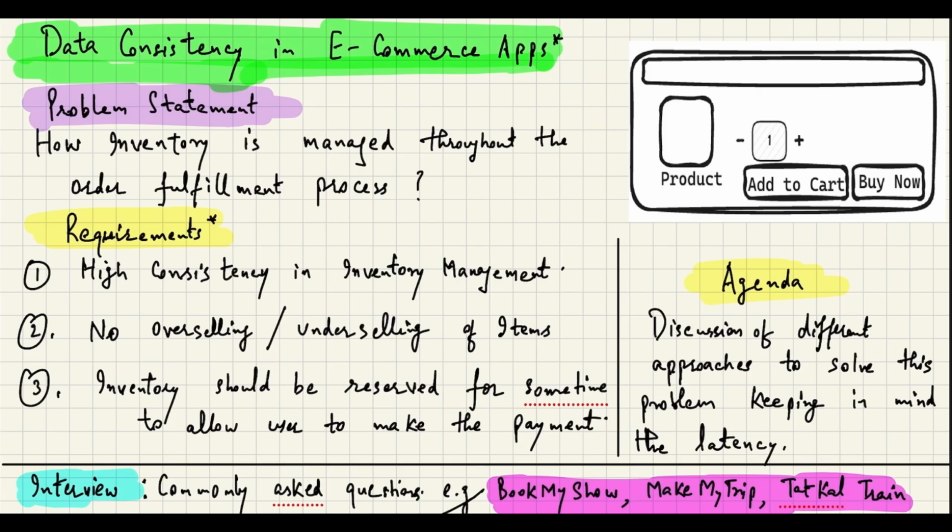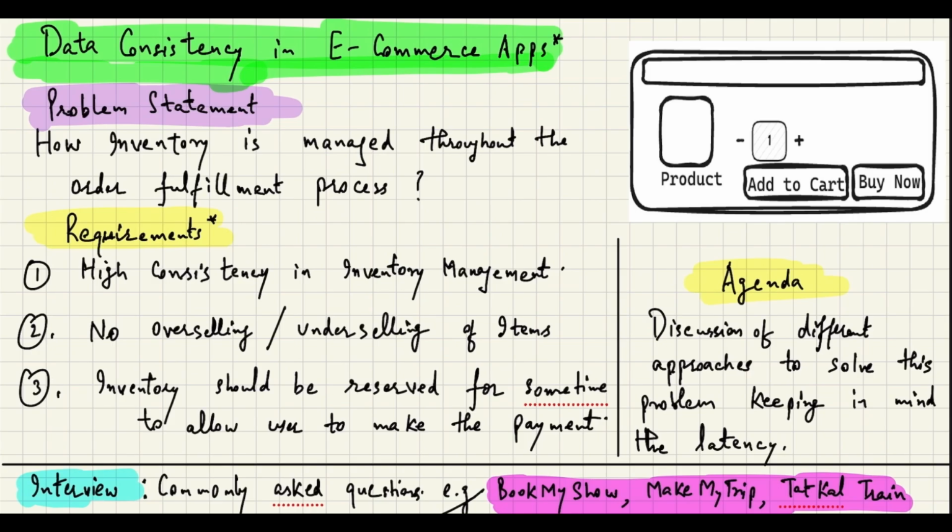So what would be our agenda? Our agenda would be discussing different approaches to solve this problem, keeping in mind the latency. Because imagine if we don't keep the latency in mind, there are 10,000 users coming onto the application for buying the same product, and we can maintain the consistency, but we have to make sure that we craft a good user experience with low latency, right?